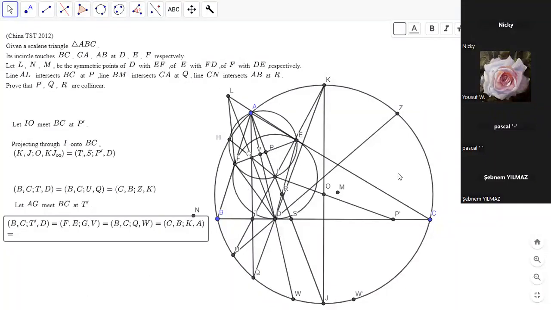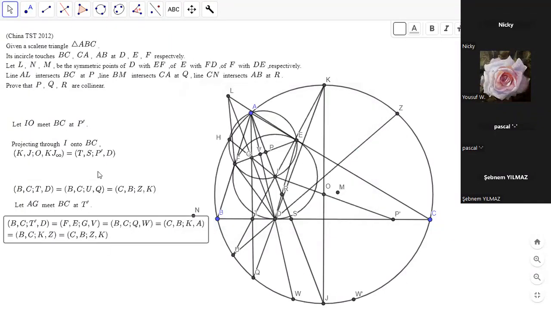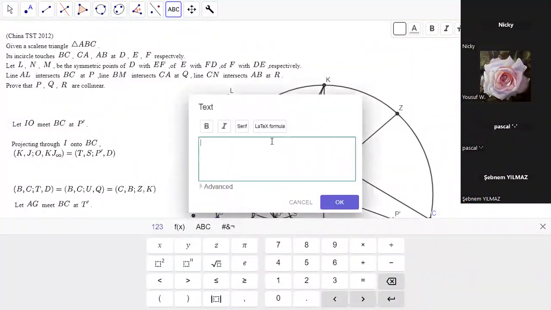Let's see, CBKA. It is BCKZ. Oh, because K is fixed. All right, so that means these two are equal, so that means that T prime equals T.